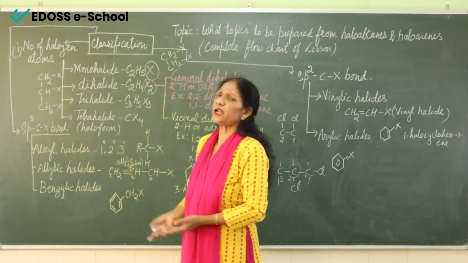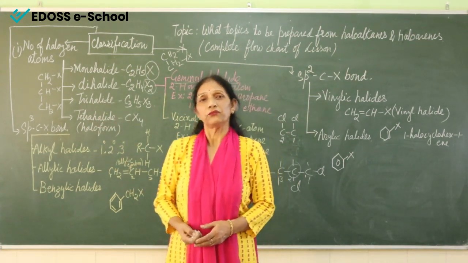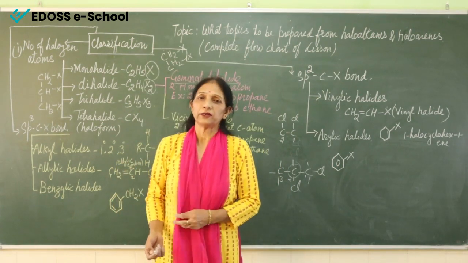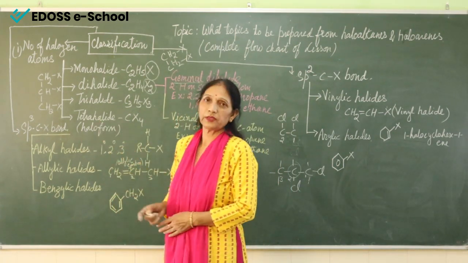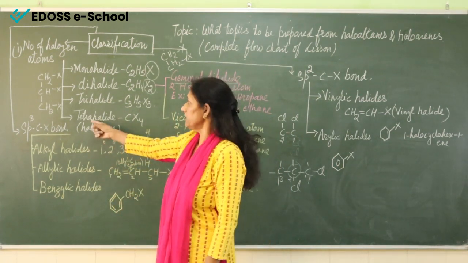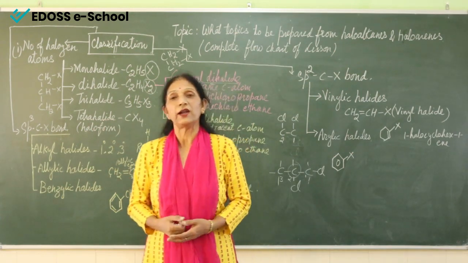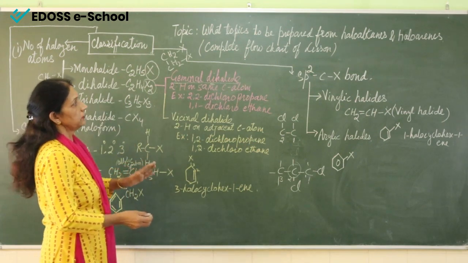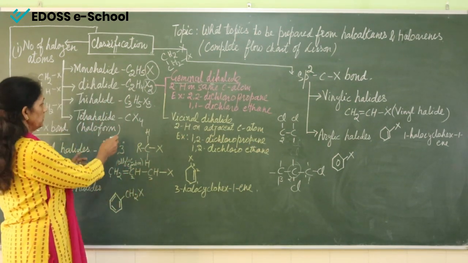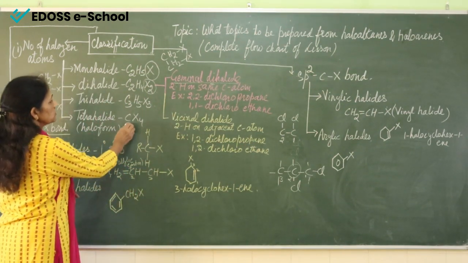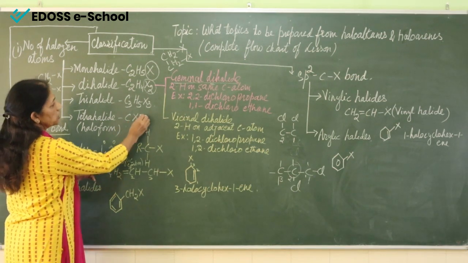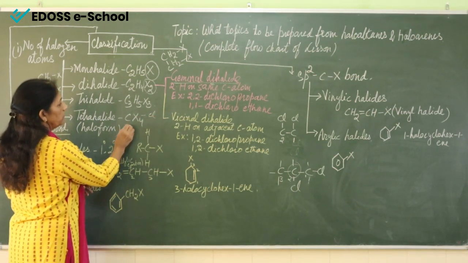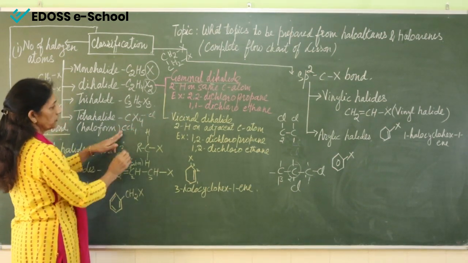And similarly tetrahalide. Tetra means if 4 halogens are present in the compound, then they are known as tetrahalide. They are also known as haloform. If we are talking about haloform, we can take the example: if X is Cl, we will call it CCl4.